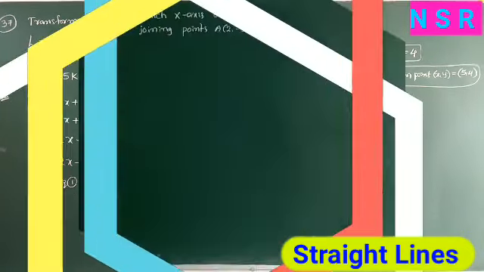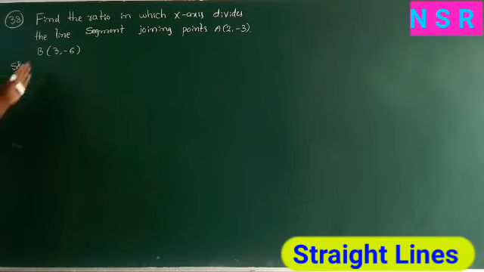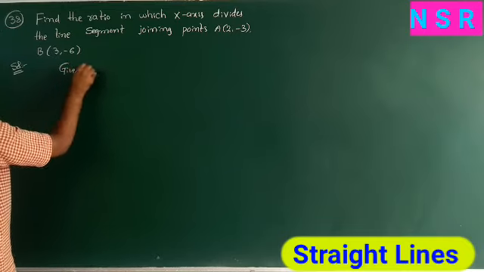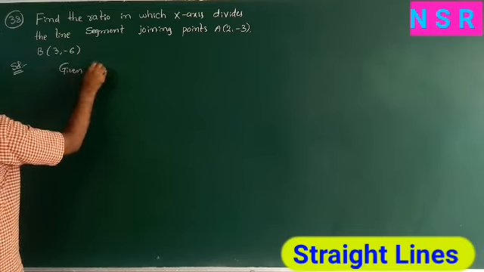So next, question number 38. Find the ratio in which the x-axis divides the line segment joining the points A 2 comma minus 3, B 3 comma minus 6. So here two points are given: A x1 comma y1 equal to 2 comma minus 3 and B x2 comma y2 equal to 3 comma minus 6.